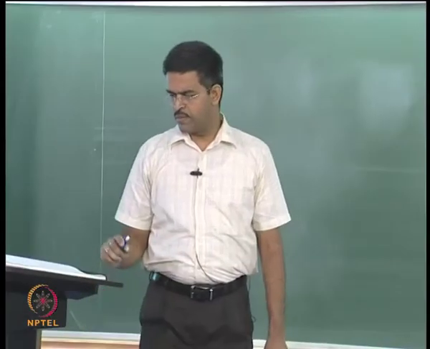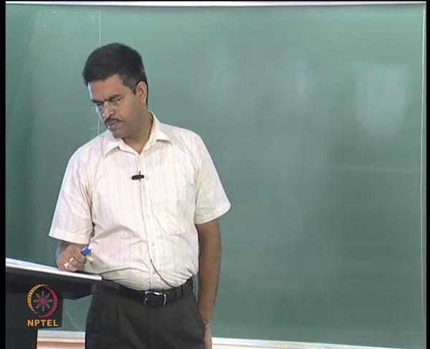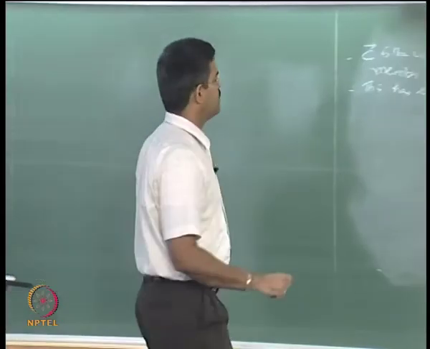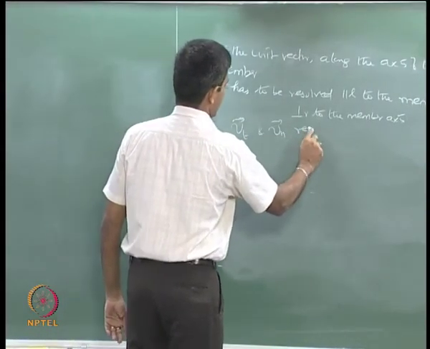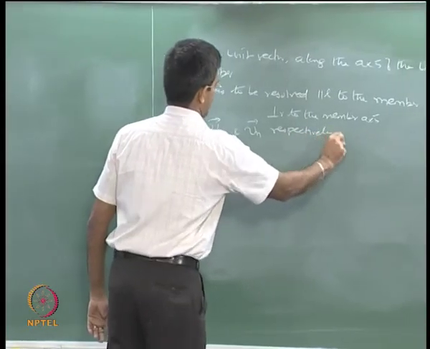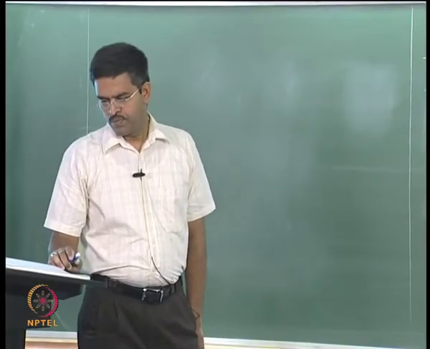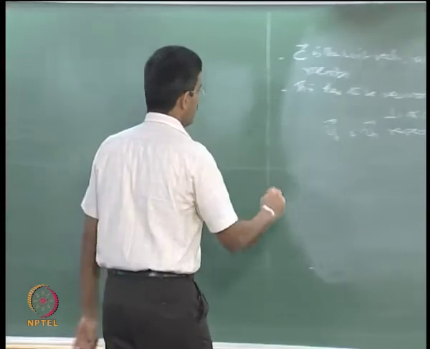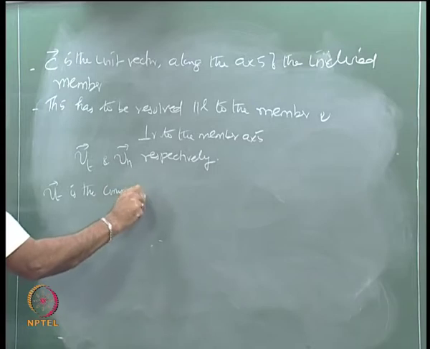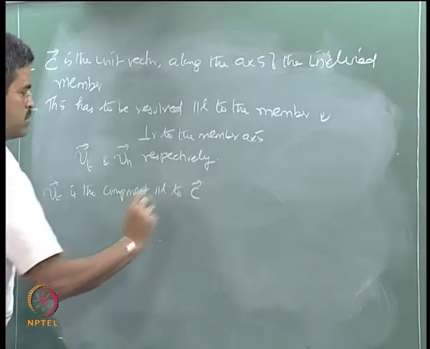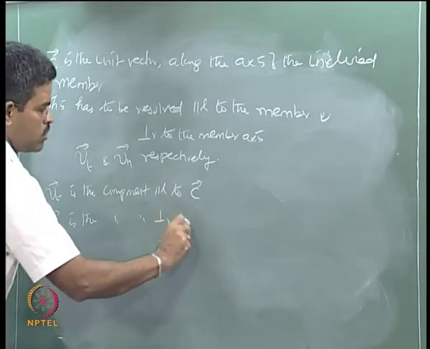When I try to do that, I call these two components Vt and Vn respectively, tangential and normal components respectively. That is, Vt is the component parallel to C vector and Vn is the component normal to C vector.